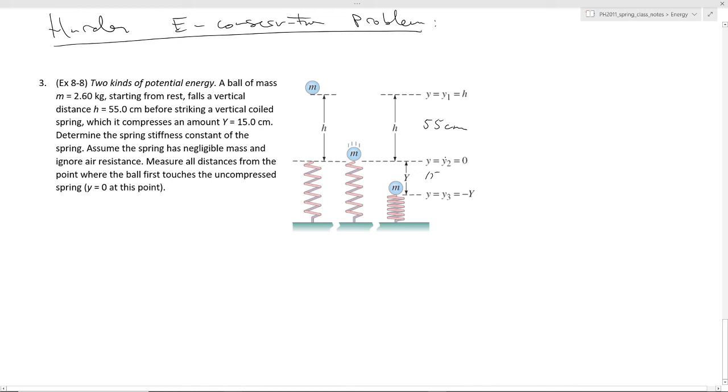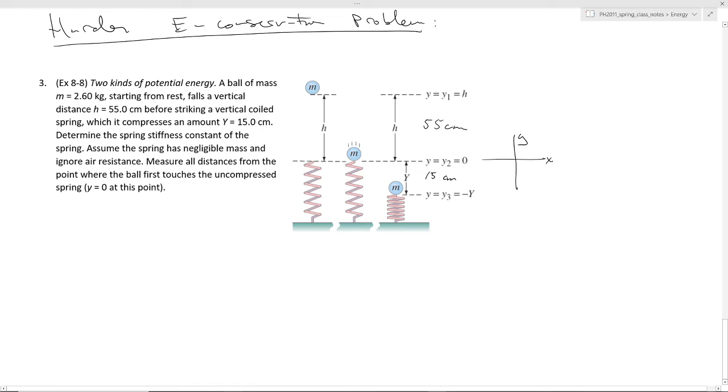Determine the spring stiffness constant, and assume the spring has negligible mass and ignore air resistance, and measure all distances from the point where the ball touches the uncompressed spring. So in other words, it's telling us explicitly to have our coordinate system centered here.